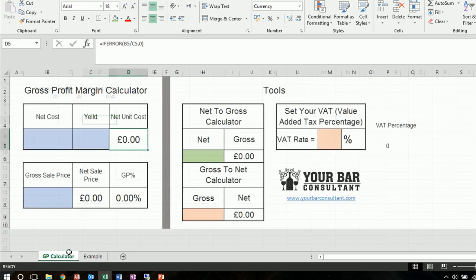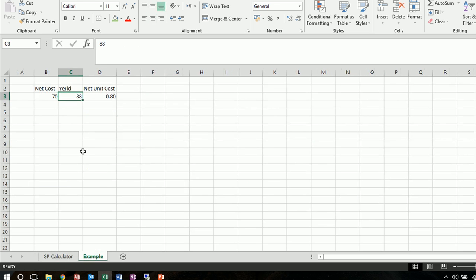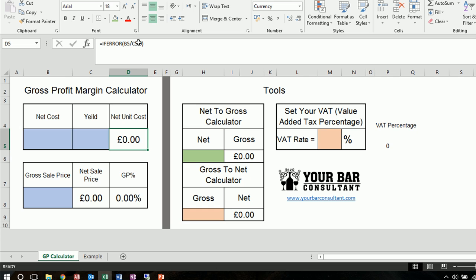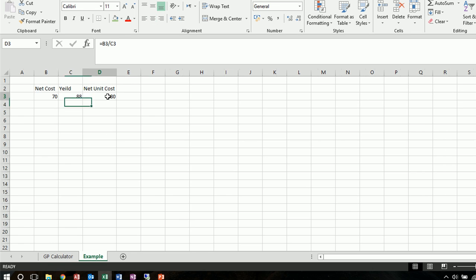So you probably noticed that I had a formula here, and the reason for that is if I took out one of these, you get an error. So I put an IF error formula in there, which will mean that if there is a number missing, it just stays as naught and it doesn't give us any horrible numbers.